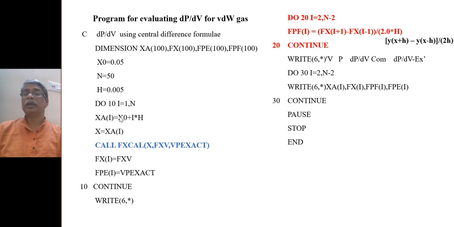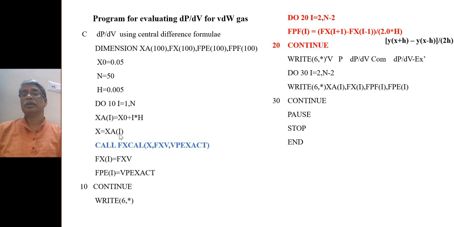Then in an array we are developing the array XA within a loop. XA means different volumes, right? We get it by adding an increment of h in every step, and then we are calling the subroutine subprogram, fxcal, and the input is x.